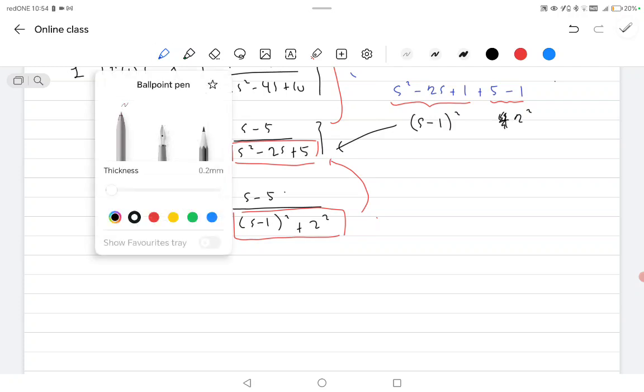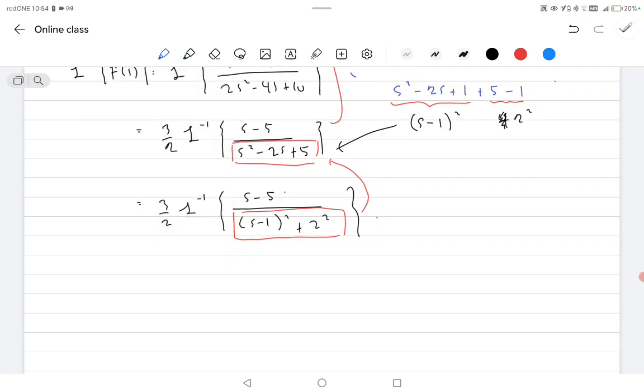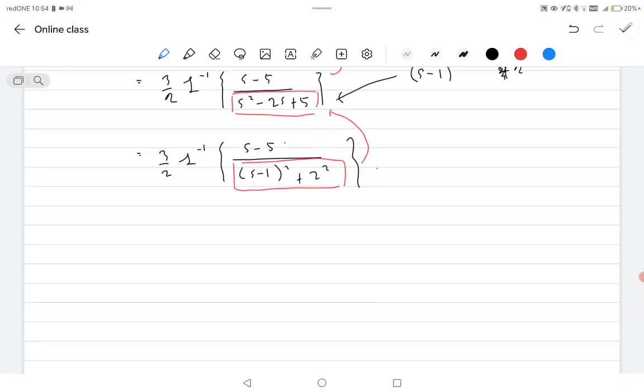Then we write down 3 over 2 inverse Laplace of 1. We try to play again. Let's put s minus 1, minus 5 plus 1, over (s minus 1) squared plus 2 squared.